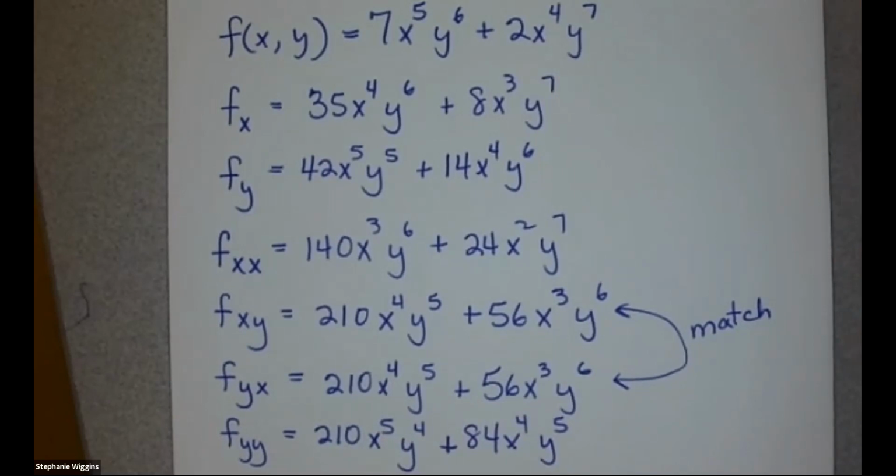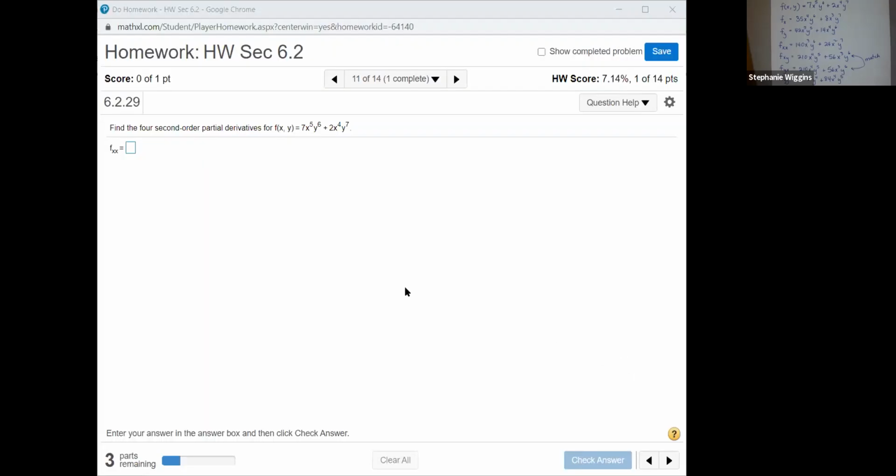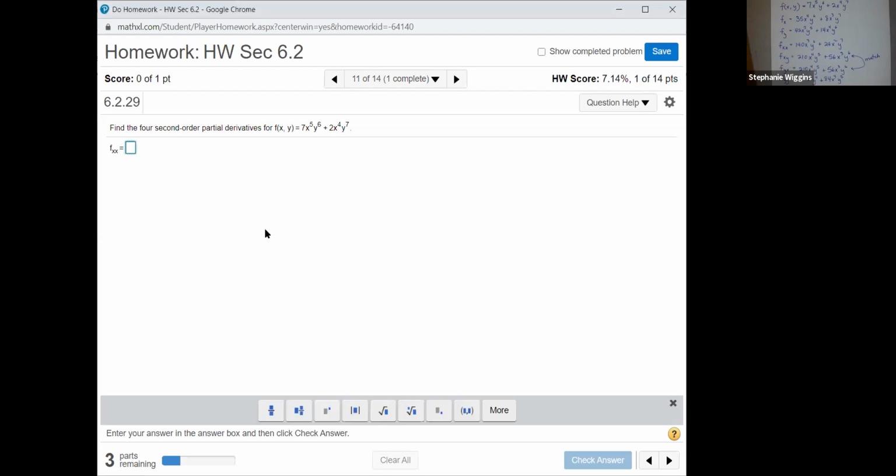Okay. So it's kind of tricky, but practice, I guess, is the best thing. And I'm not going to take the time to enter those all in. Well, maybe I should, just to be on the safe side.